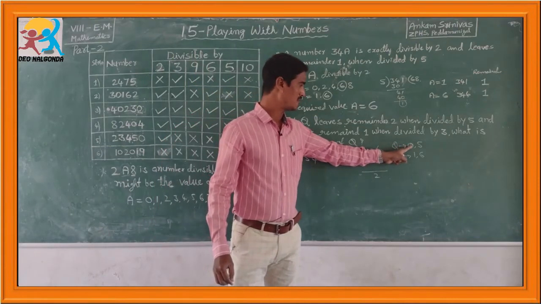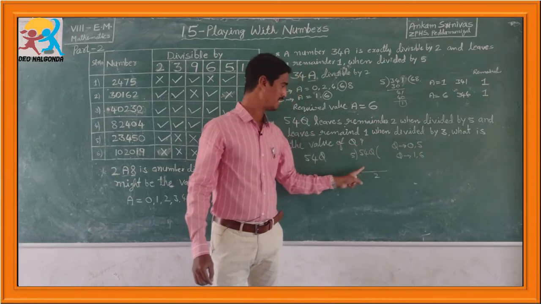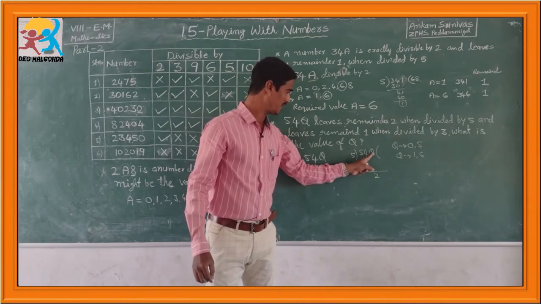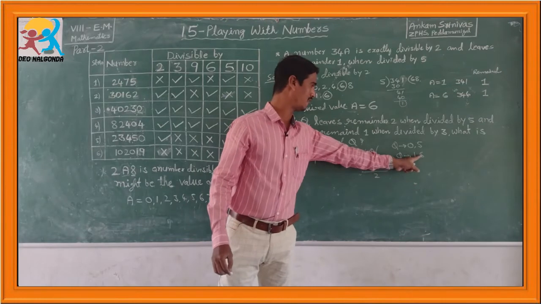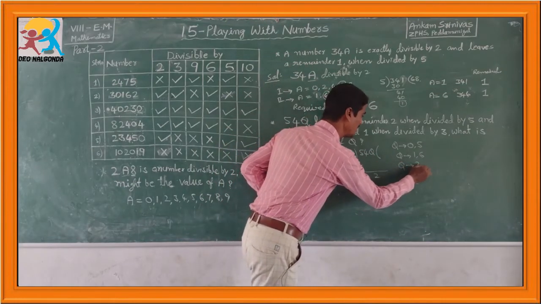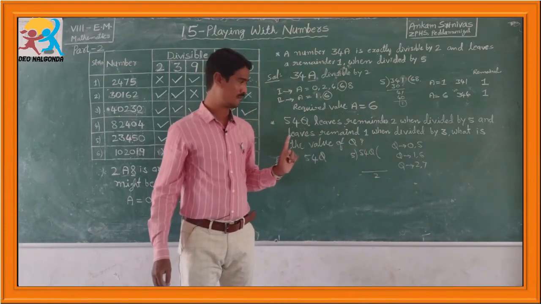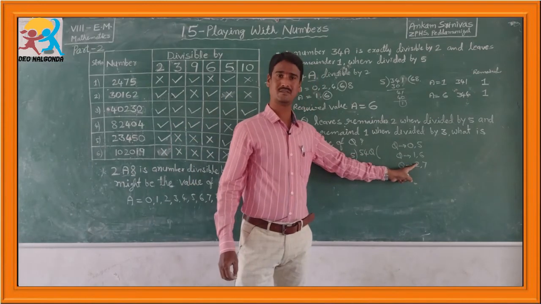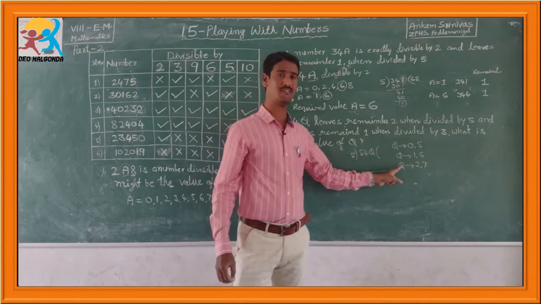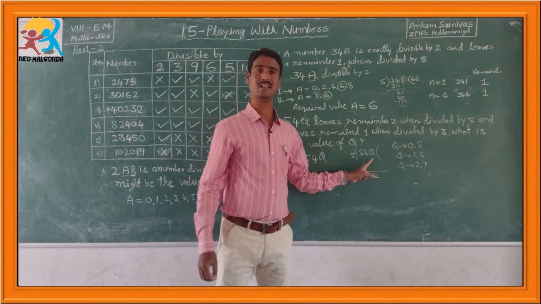So 0 plus 1 is 1, 5 plus 1 is 6. So when the given number is divided by 5, the remainder will be 1. If I take the Q value as 2 or 7, that means 0 plus 2 is 2, 5 plus 2 is 7, so the remainder will be 2.